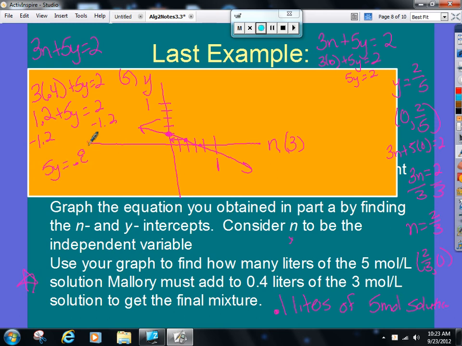It would be cool if I had my calculator with me. It's so far away. Let's see if I can reach it. I have it. And I get 0.8 divided by 5, which is 0.16, and that's liters. So we were pretty good from our graph, even though our graph was not nice. If you had graph paper, I think you would have gotten this right on.